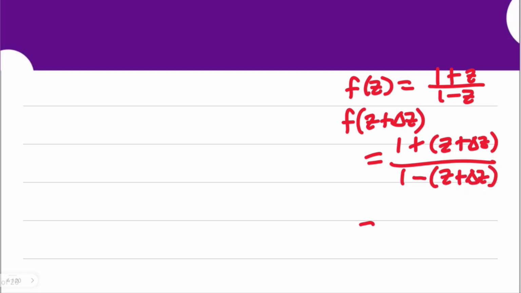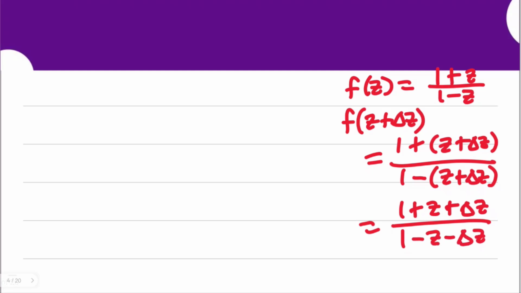By removing the grouping symbol, we'll have here 1 plus z plus delta z all over 1, distributing the negative sign, minus z and minus delta z. Okay, so this is the equivalent form for this. We can no longer simplify that because they are, of course, dissimilar terms. So let's stick to that as what we're going to apply in the definition for a derivative.